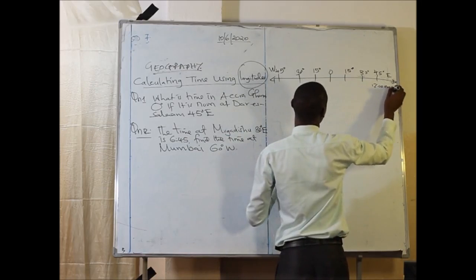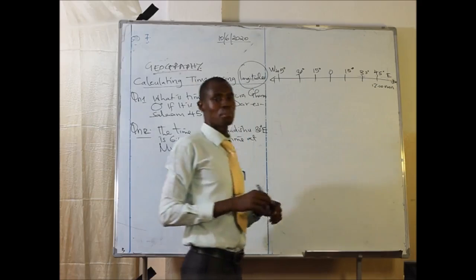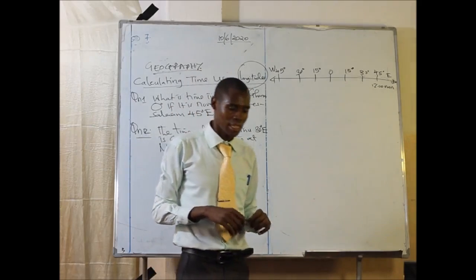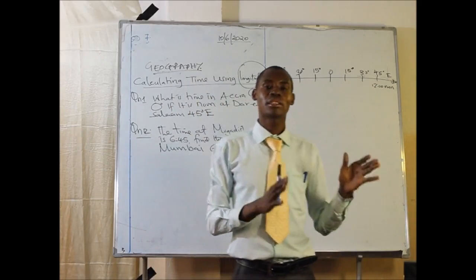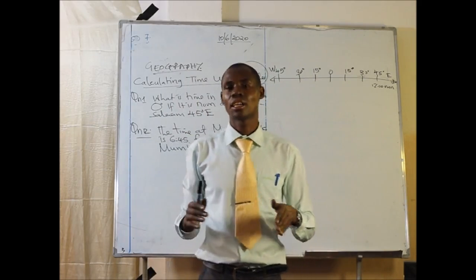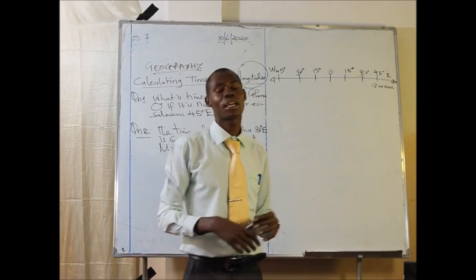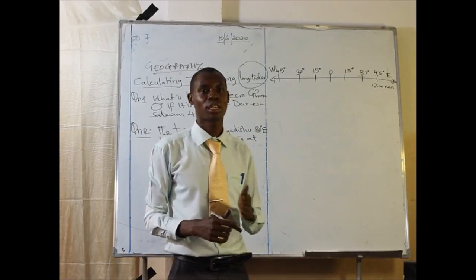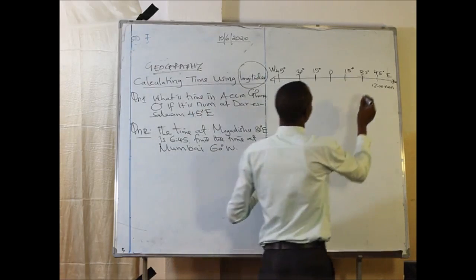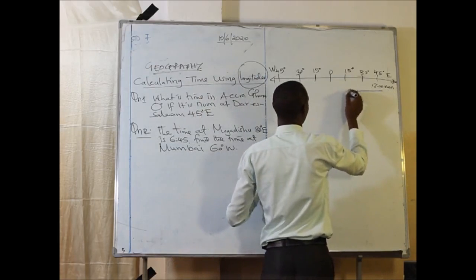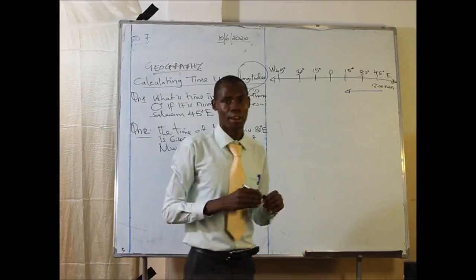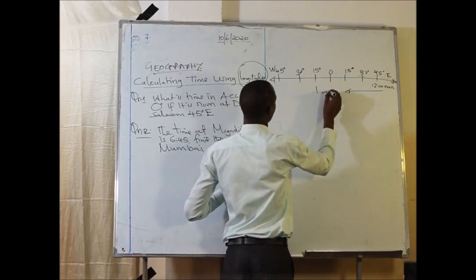What's very important that you have to notice here is that once you have been asked to calculate time using longitude, and you are moving towards the west, that means that we are coming from east towards west, we normally lose time.